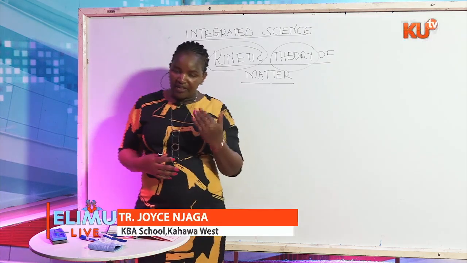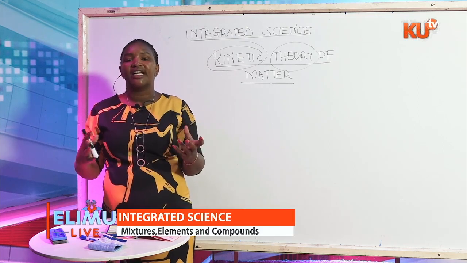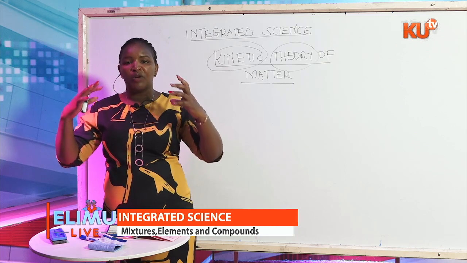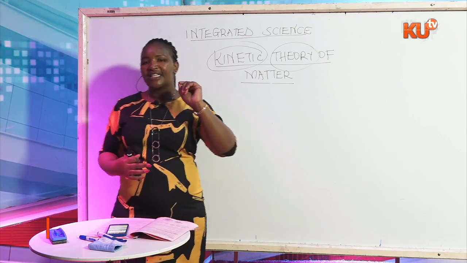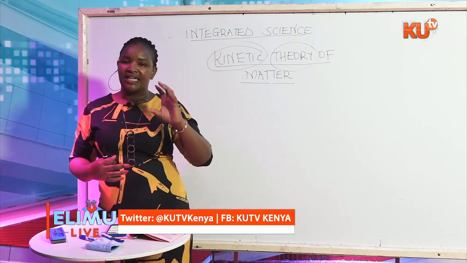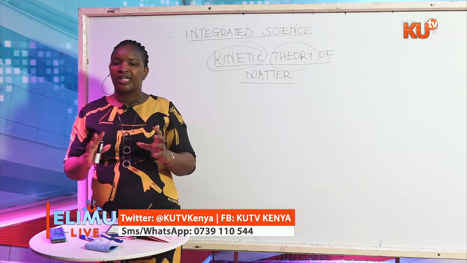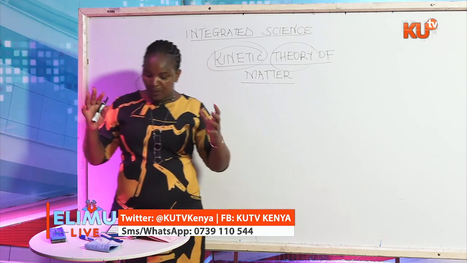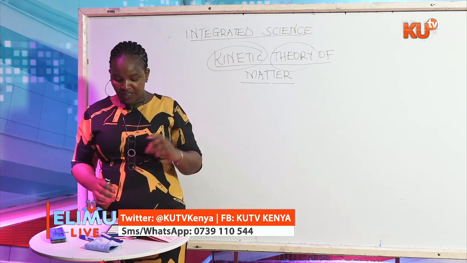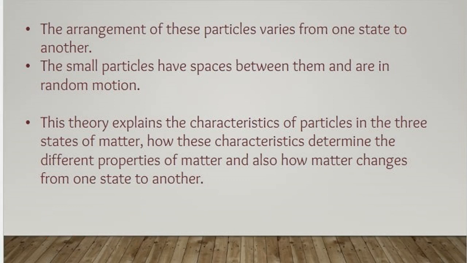I'll go ahead to talk more about the kinetic theory. Now that we're saying matter is made up of small particles called atoms and molecules, the theory will also tell us how these tiny particles are arranged in each and every state of matter. So we'll also be looking at the arrangement of particles from one state to the other. The arrangement of these particles varies from one state to another.